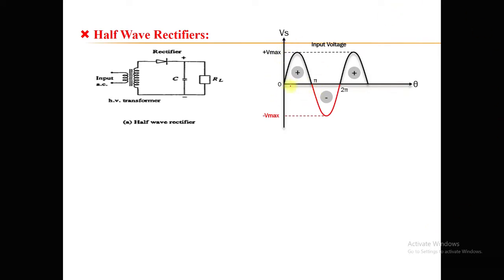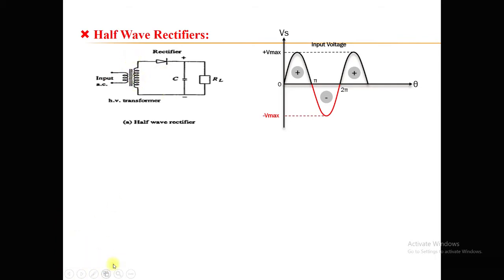AC has positive and negative cycles. From 0 to pi you will have the positive half cycle, and from pi to 2 pi you will have the negative half cycle. During the positive half cycle you have the plus Vmax value, and during the negative half cycle you have the minus Vmax value.